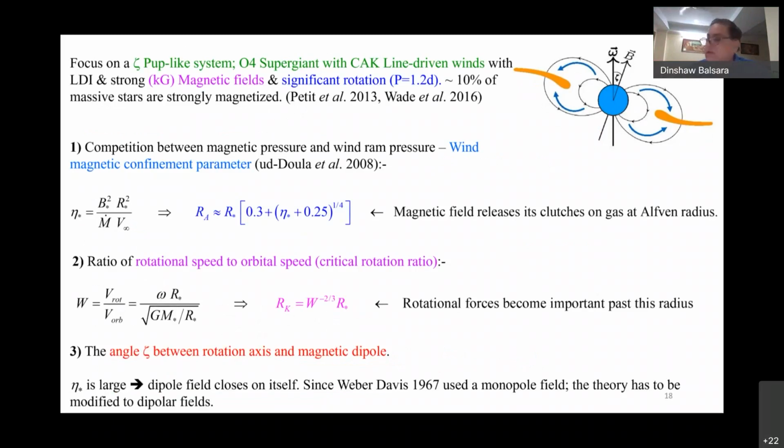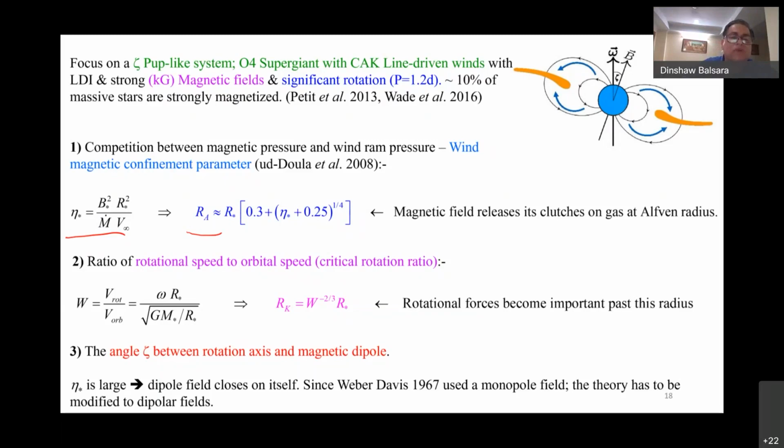One is the wind confinement parameter, which determines the Alfvén radius, and the flow remains in the clutches of the magnetic field out to the Alfvén radius. Beyond the Alfvén radius, the magnetic field lines open up and the flow can flow outwards. But until the Alfvén radius is reached, the wind material has to co-rotate with the magnetosphere.